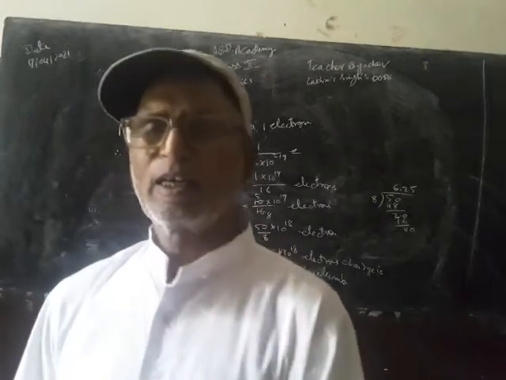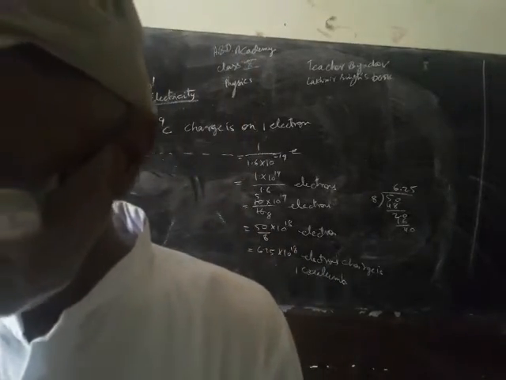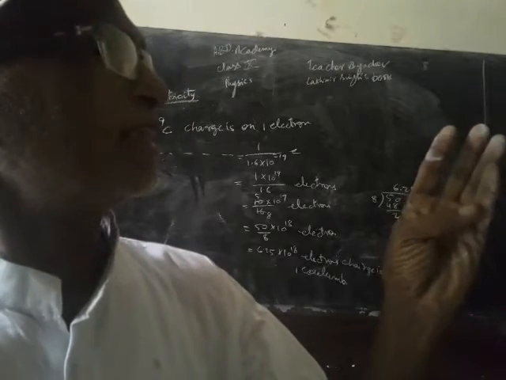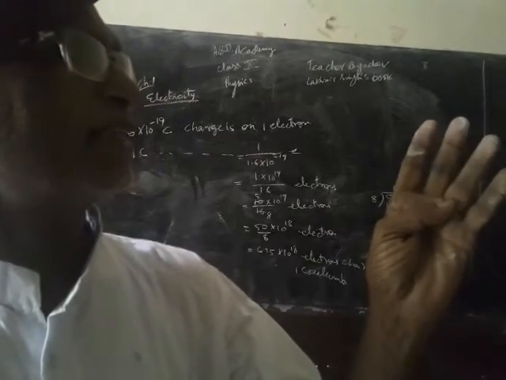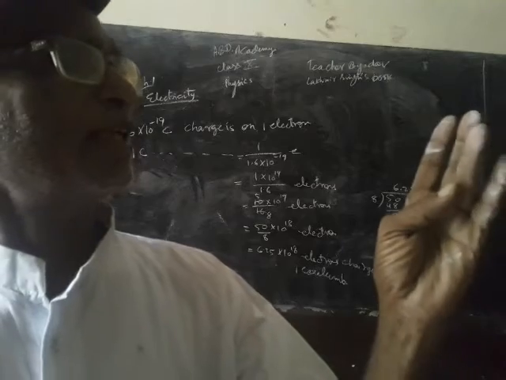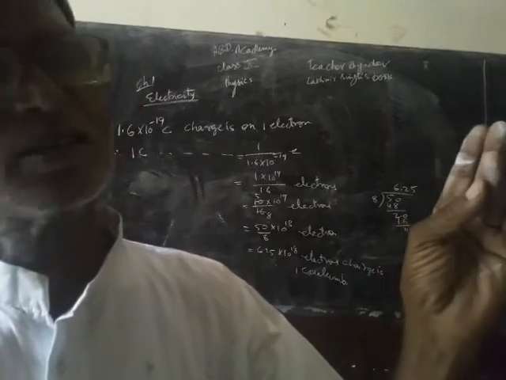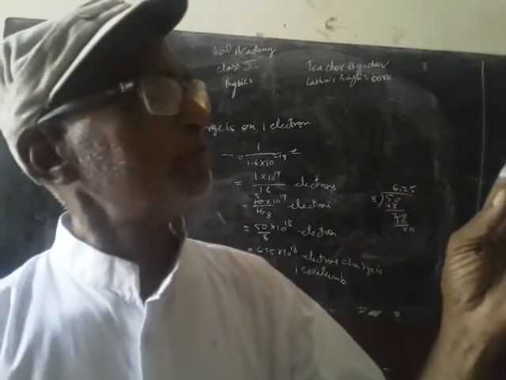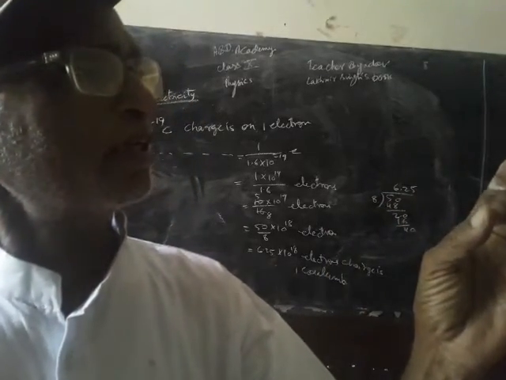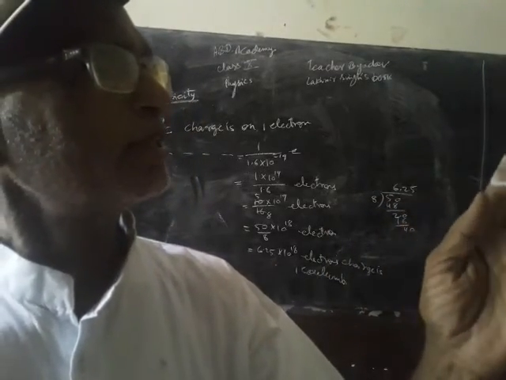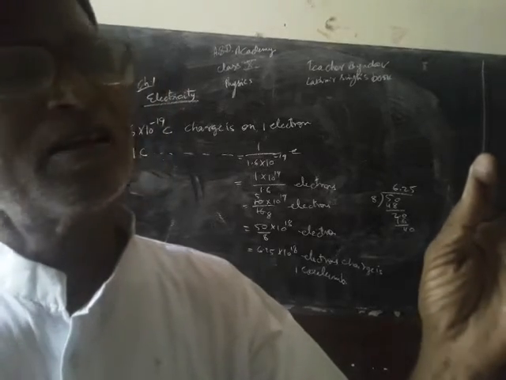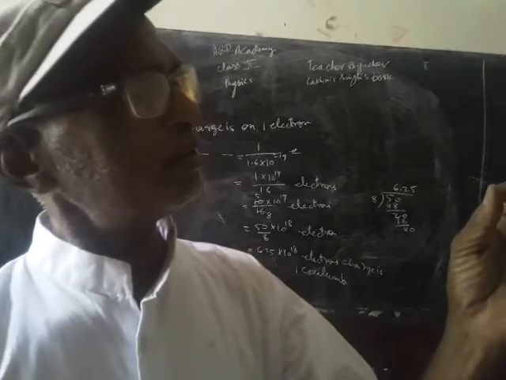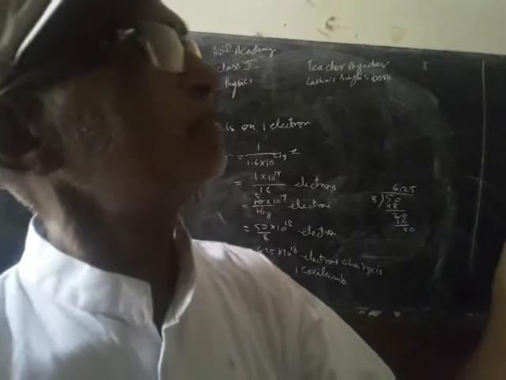A number of 19 places you can count: unit, tens, hundred, thousand, ten thousand, lakhs, 10 lakhs, crores, 10 crores, arab, 10 arab, kharab, 10 kharab, neel, 10 neel, padma, then 10 padma.